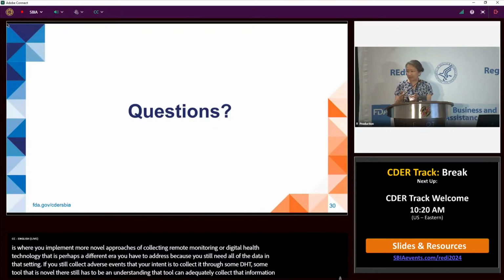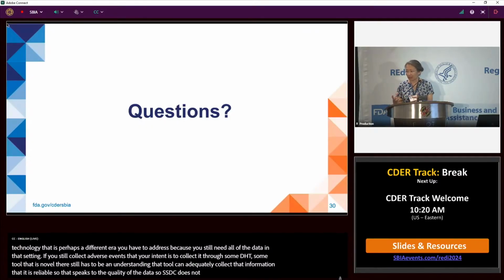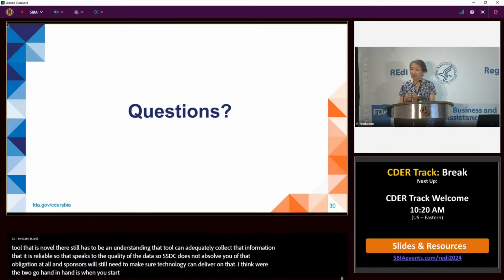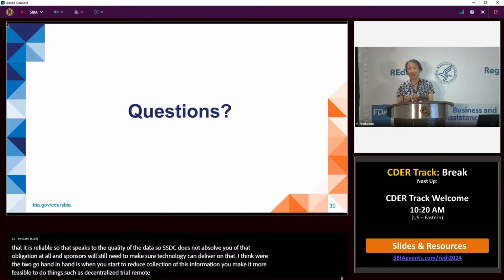So SSDC does not absolve you of that obligation at all, and sponsors will still need to make sure that the new technology can actually deliver on that. Where the two will really go hand in hand is that when you reduce collection of unnecessary information, you make it more feasible to do things such as decentralized trials and remote monitoring, because patients may not have to come in every month.